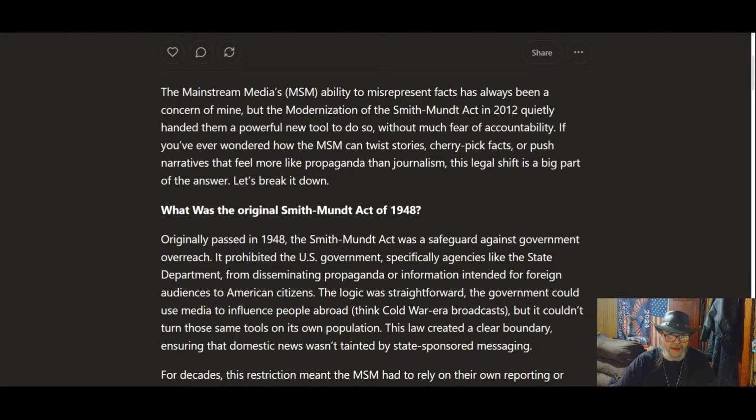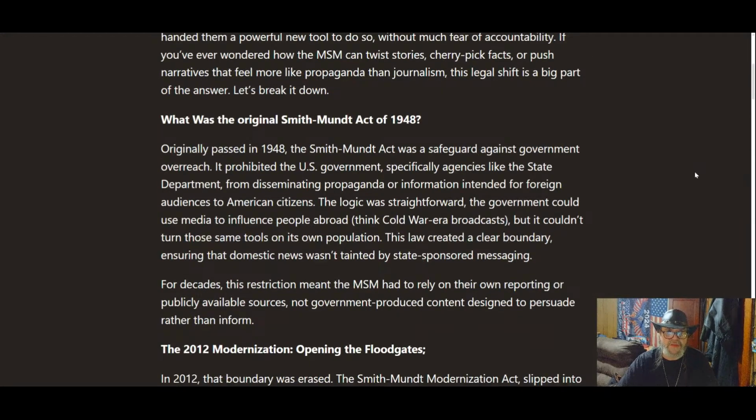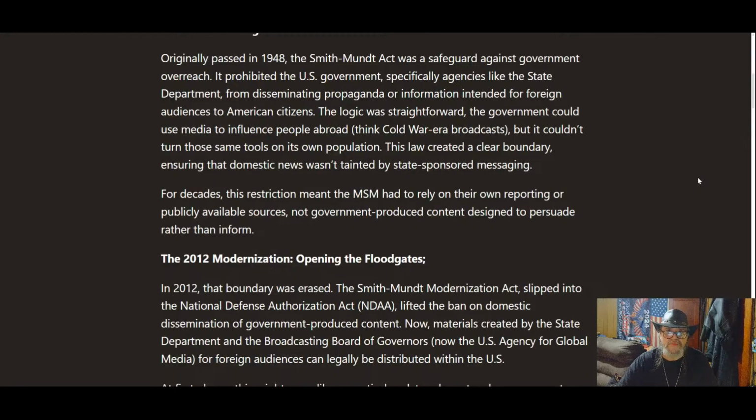Let's break it down. What was the original Smith-Mundt Act of 1948? Originally passed in 1948, the Smith-Mundt Act was a safeguard against government overreach. It prohibited the U.S. government, specifically agencies like the State Department, from disseminating propaganda or information intended for foreign audiences to American citizens.